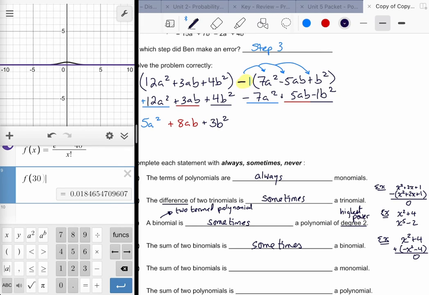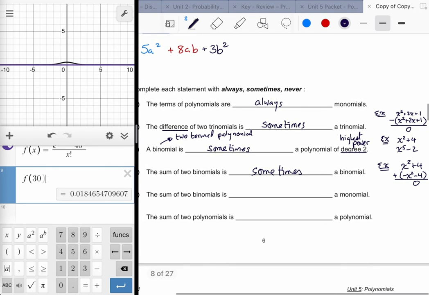But if I took x squared plus 4 and added to that x squared plus 4, I'd get 2x squared plus 8. So I could get a binomial, but I don't have to get a binomial.